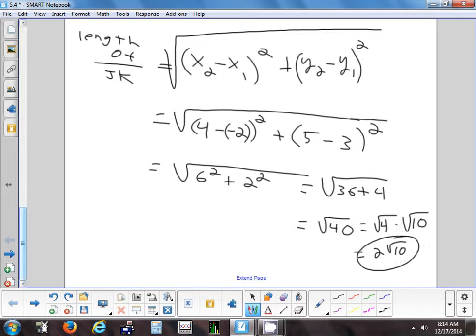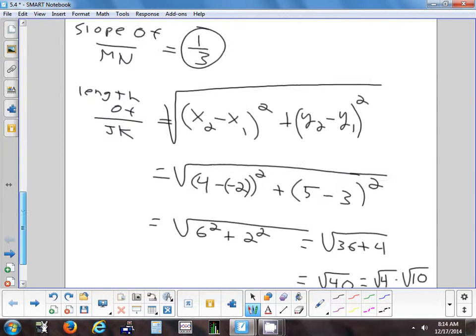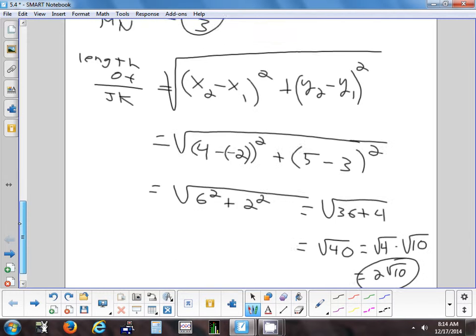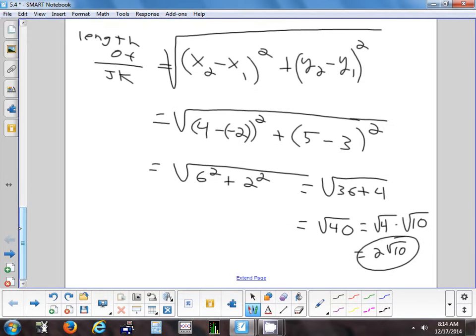Reducing roots is probably something that should have been discussed in Algebra 1 as well. So that's the length of JK. What am I hoping the length of MN comes out to? Half that. Okay, that's actually an easy number to take half of.